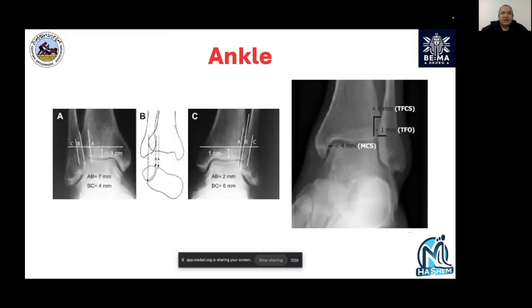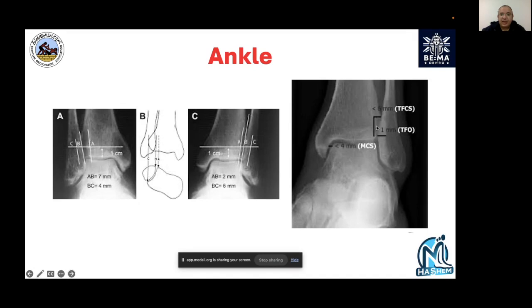When you look at an X-ray of the ankle, as we agreed, the ankle is two joints: the tibiotalar joint and the syndesmosis. And when you look at the syndesmosis, you need to understand that the syndesmosis is the incisura fibularis, and the fibula is sitting inside it, and between them there is a clear space, and there is a bit of overlap between the tibia and the fibula.